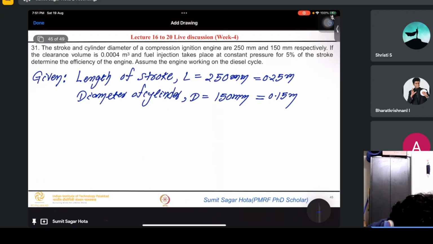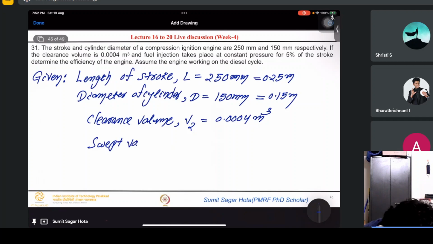Diameter of the cylinder D equal to 150 mm or 0.15 meter. Then clearance volume V2 is equal to 0.0004 meter cube.